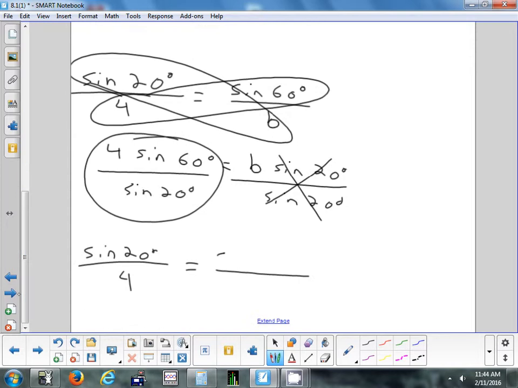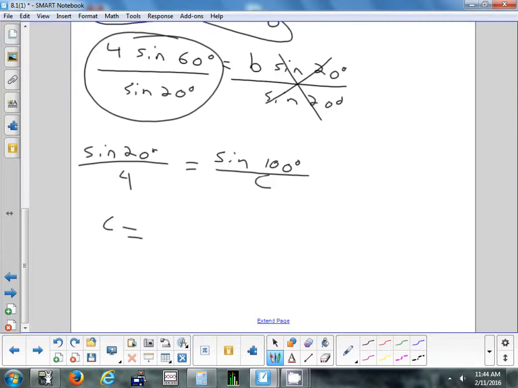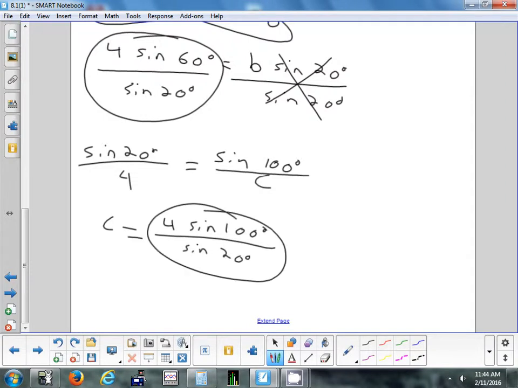And what goes on the other side? Sine 100. Yep. When you cross multiply, you're going to get 4 sine 100, and then you're going to have to divide by sine 20. You don't have to show me the cross multiplying; you can just write that step.